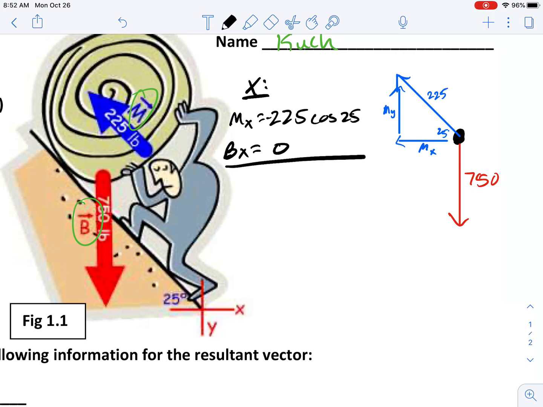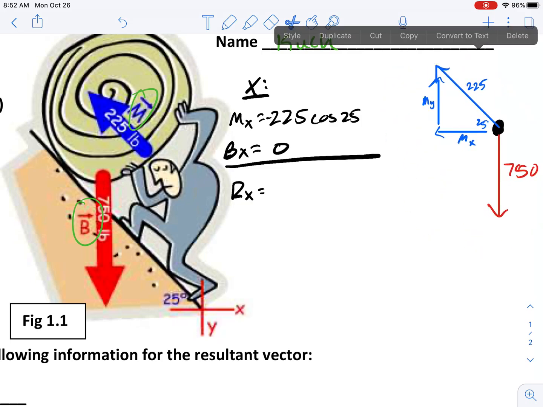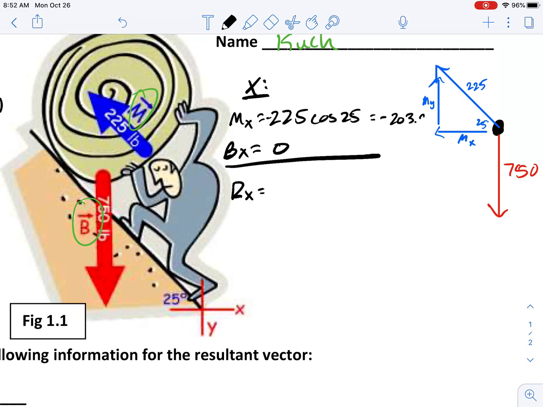So the result of the x is this negative 225 times cosine of 25, which is going to give us a value of negative 203.92. And so the resultant x is negative 203.92.